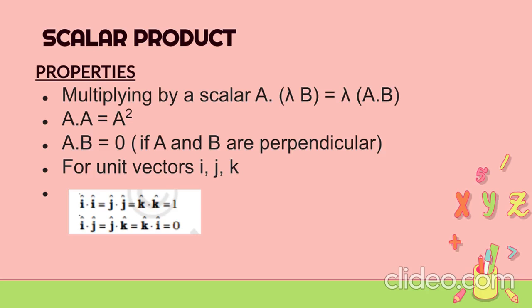On the contrary, if we multiply the unit vectors i, j and k alternately, it will result in 0. That is, i dot j or j dot k or k dot i will result in 0.